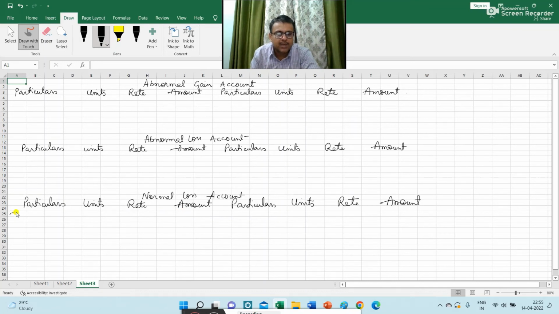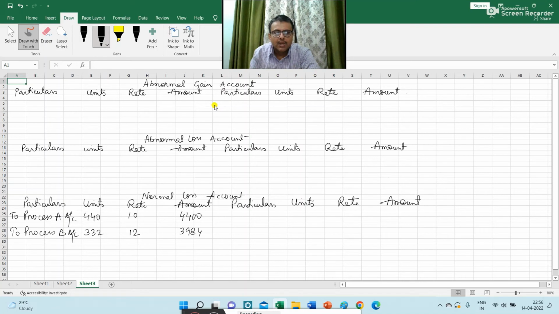So here I am writing to process A account 440, 10, 4,400. And to process B account, 332, 12, 3,984. You can see that abnormal gain is recorded in process B account. So I am transferring it from process B account to abnormal gain account.